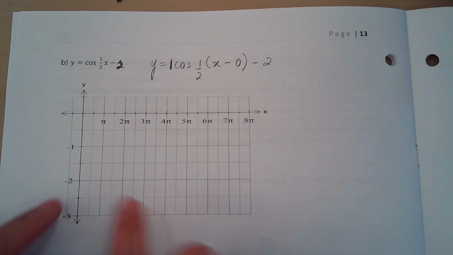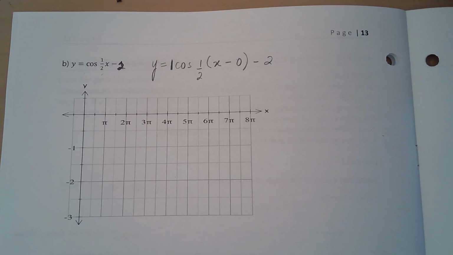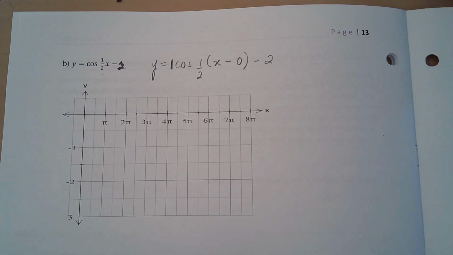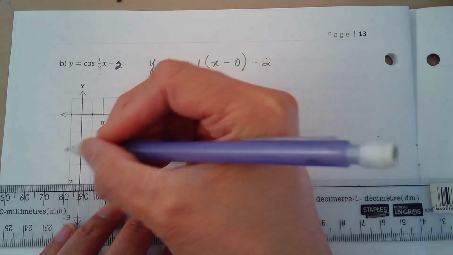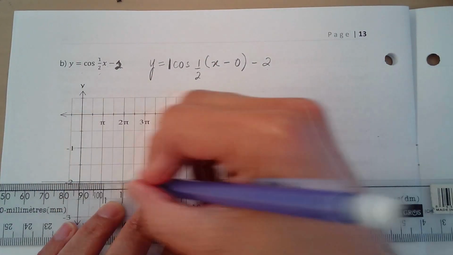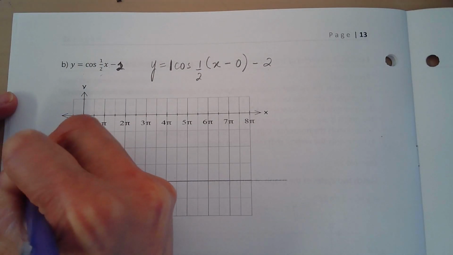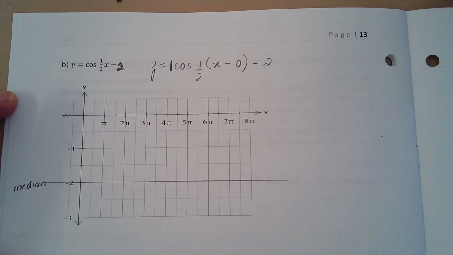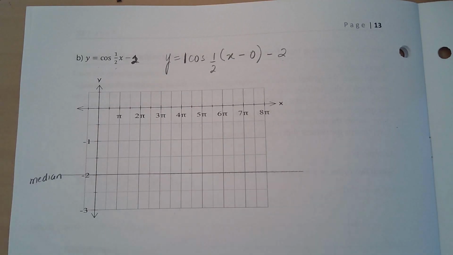Start with the median line. So our median line is at -2. That's our median. Now we're going to figure out the amplitude.